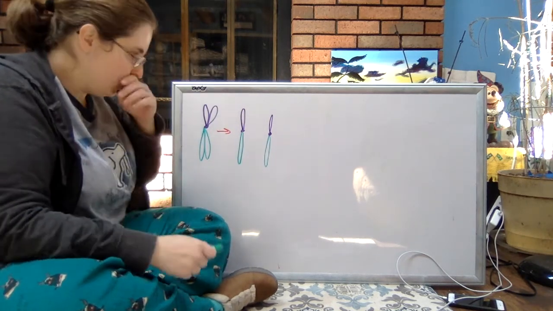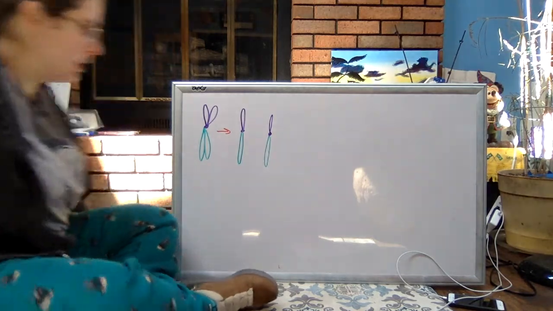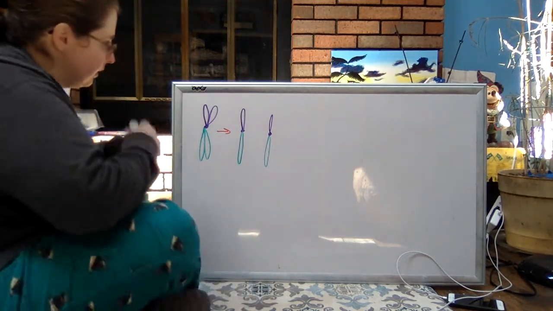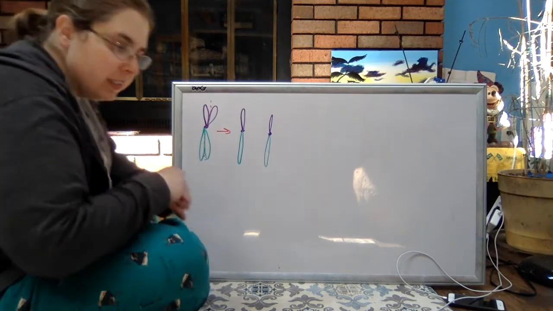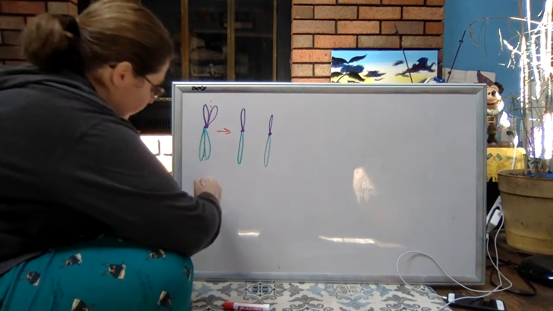But in an isochromosome, instead of splitting this way as it should, what if it splits perpendicular to that?